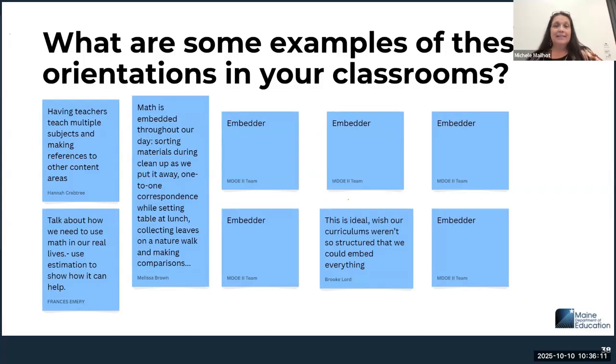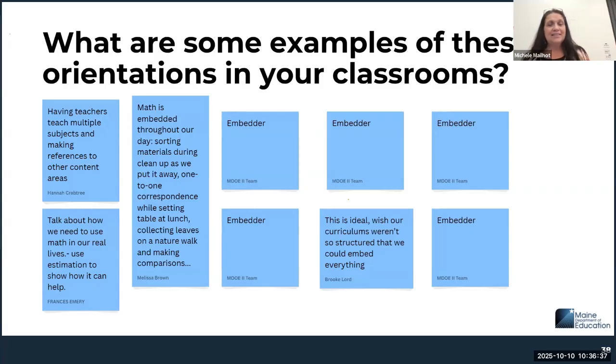And so, as I keep reiterating, it's not about one being better than the other. It's about being aware of them and finding opportunities to weave these in and out, so that we offer those opportunities for our students. As some of you shared, there seems to be more engagement either through that theme or the embedded than in the separatist.